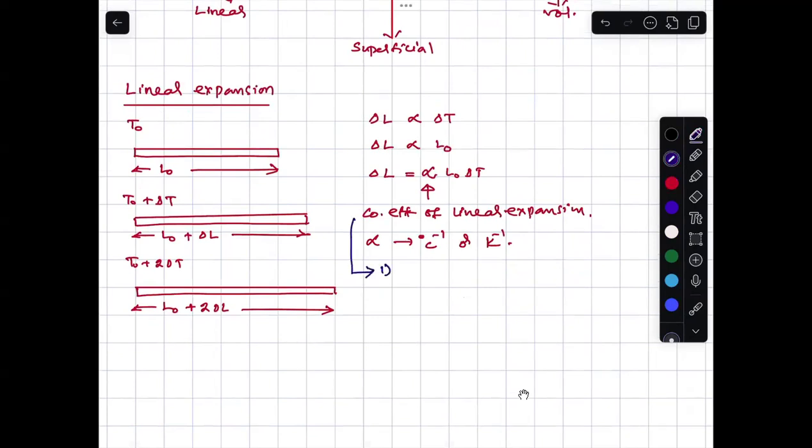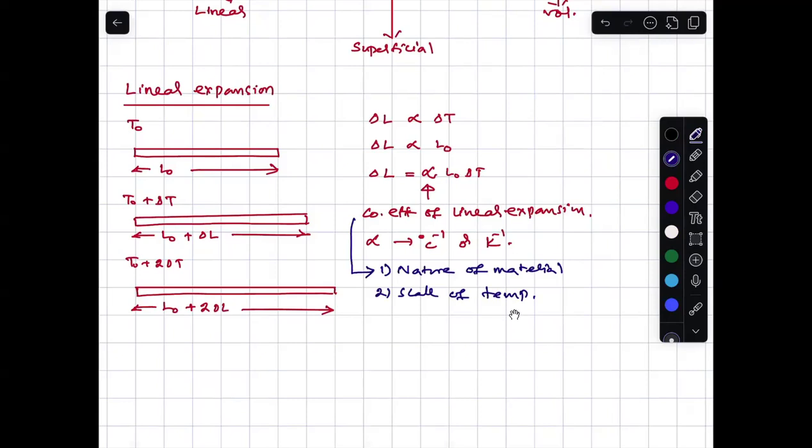One, the nature of the material. Two, it depends on the scale of temperature also, because the same thing will have different values in different scales. One degree difference in centigrade is not the same as one degree difference in Fahrenheit. Because of this reason, it also depends on the scale which you are using.